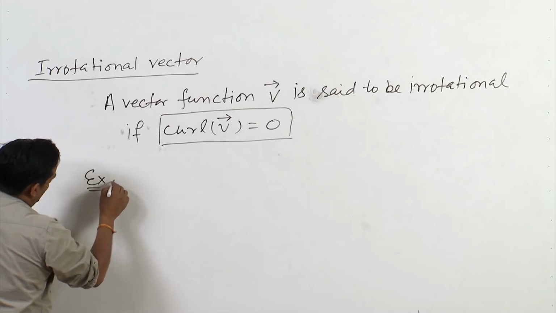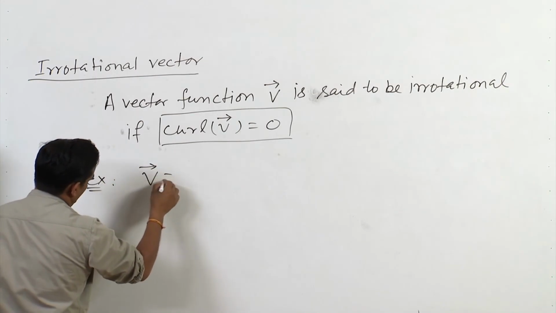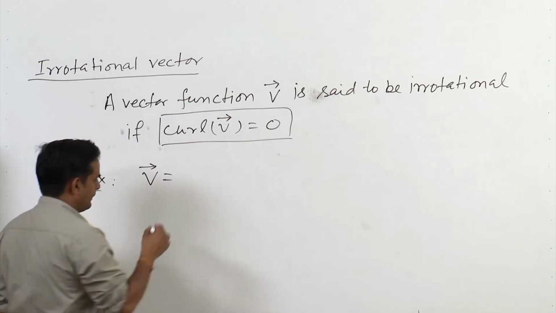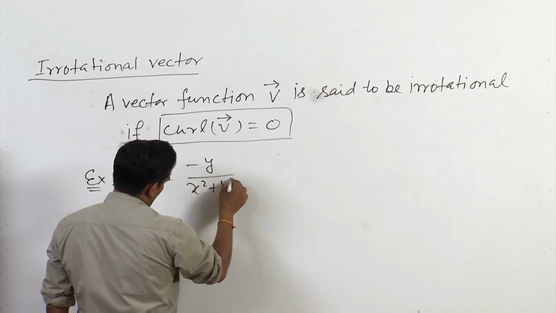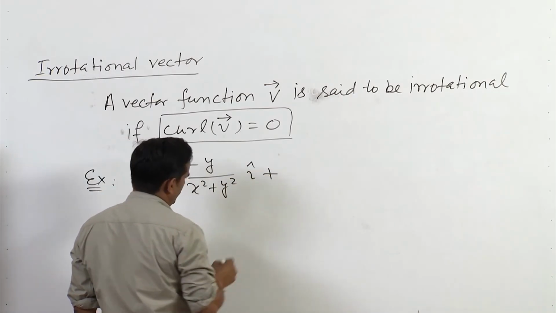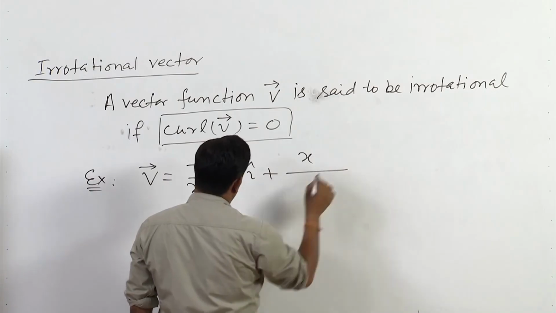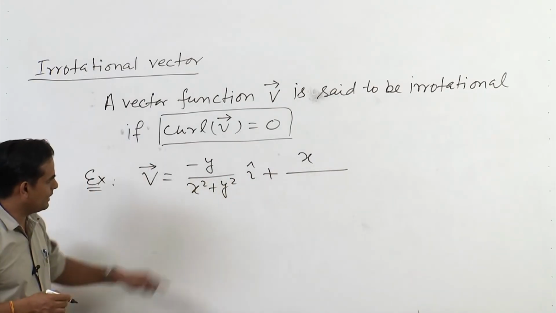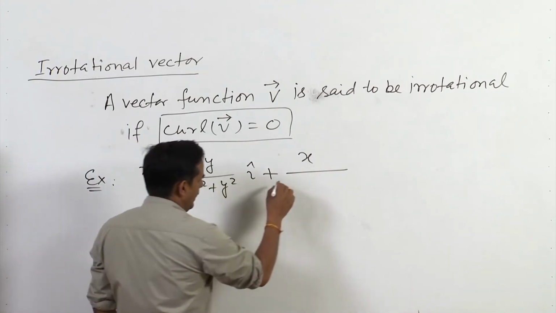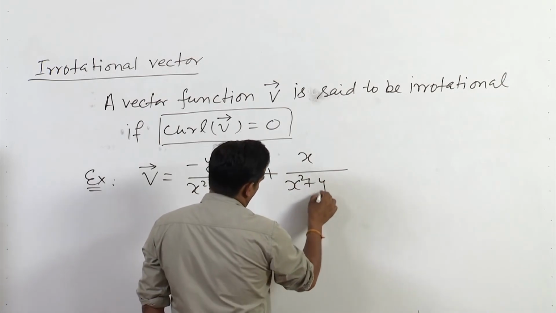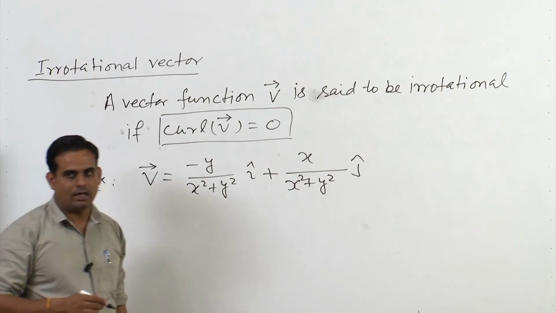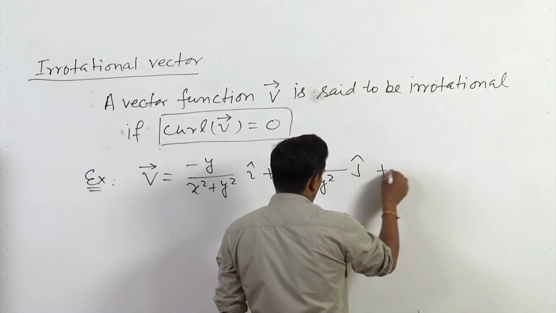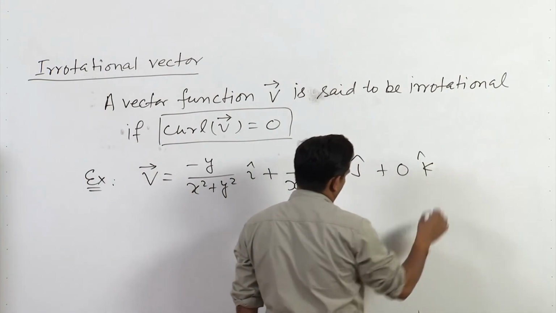For example, take a vector function V equals minus y upon x square plus y square in the direction of i, x upon x square plus y square in the direction of j, and plus 0 k.